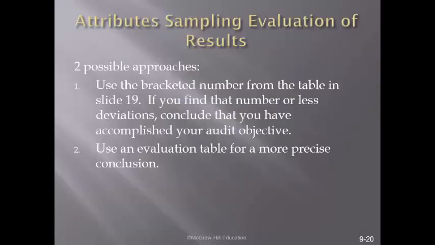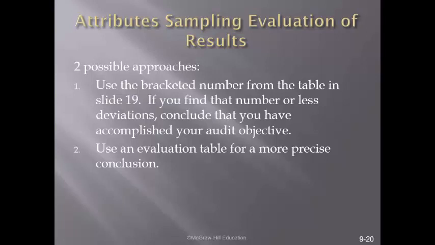The tables presented in this chapter may be used to evaluate sample results in two different but related ways. The first approach is to use Table 9.4 in the previous slide. When the number of deviations found in the sample does not exceed the allowable number of deviations, which in this example was 1, the auditors conclude that the population deviation rate does not exceed the tolerable deviation rate.